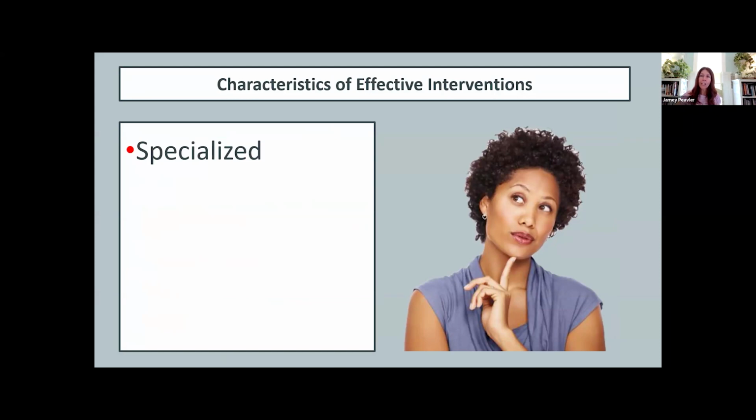It's about figuring out what the students need and doing that thing, not just a curriculum that's off the shelf. It is specialized based on the data that I have. It's intensive. Being intensive means I am targeting that thing and taking all the other things off the plate. I am providing likely more practice, massed practice, and lots of prompting and modeling and feedback.